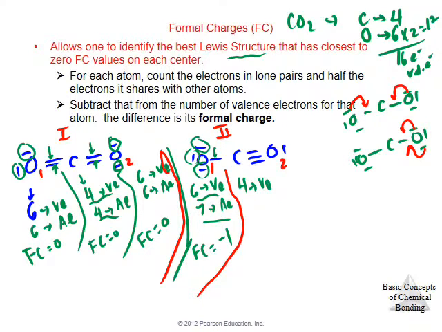Let me see how many assigned electrons we have. There are 4 bonds. So carbon must have 4 assigned electrons because we take half of those electrons. Out of 8, we take half of that. So there'll be 4 assigned electrons. So it's supposed to have 4, it does have 4. So formal charge equals 0. Let's now focus on oxygen 2 in structure 2.